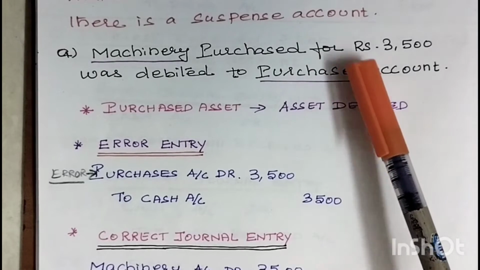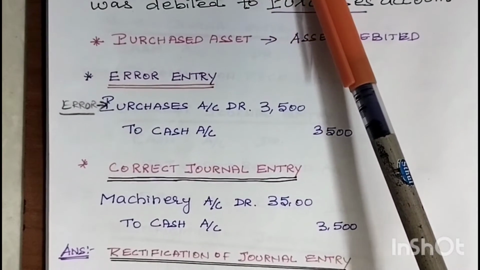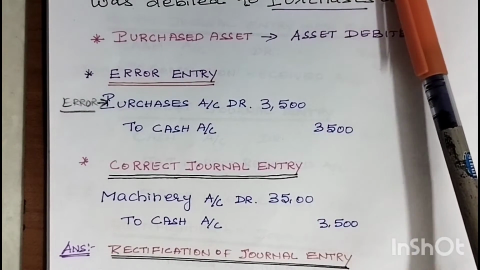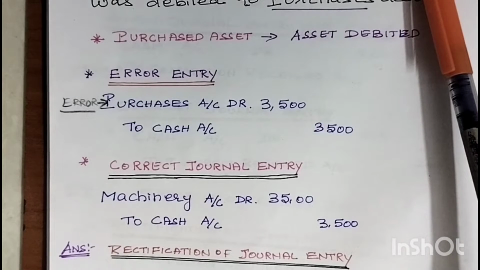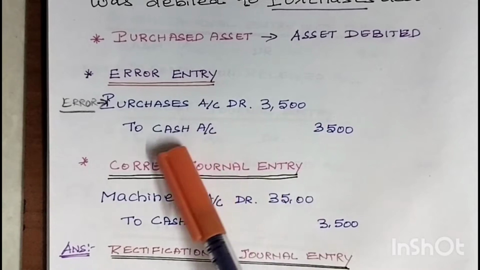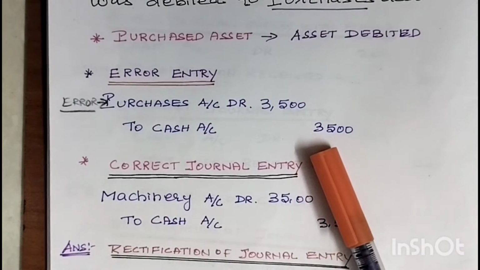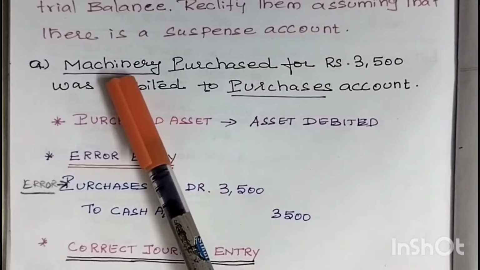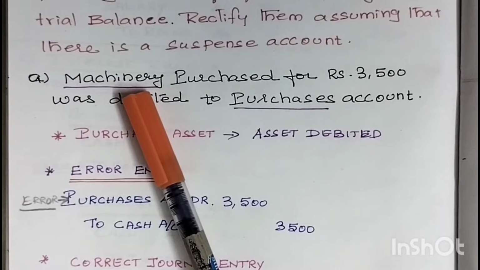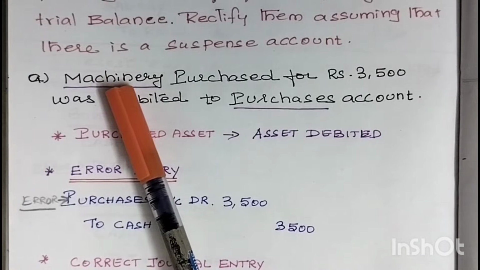What does this transaction tell us? Listen, they considered they purchased goods for cash rupees 3,500. So for that they entered purchases account debit 3,500 to cash account 3,500. But what they actually purchased was machinery, not goods. Machinery means they purchased an asset.